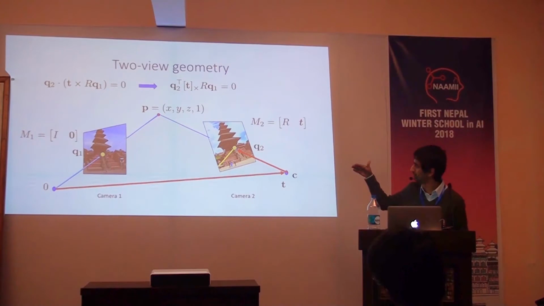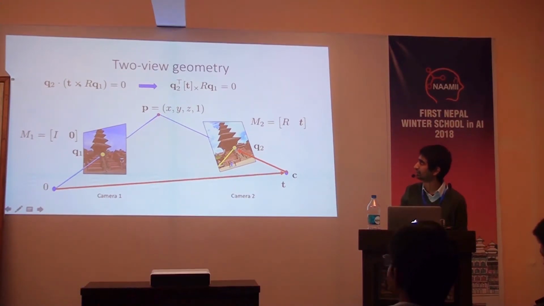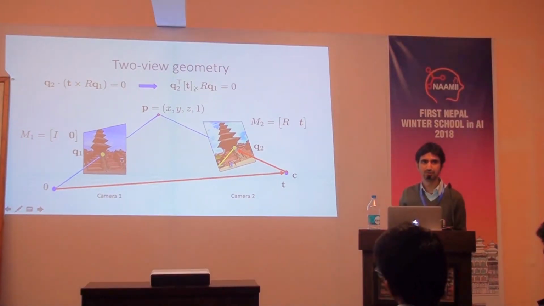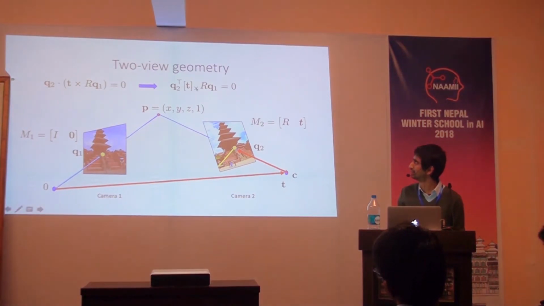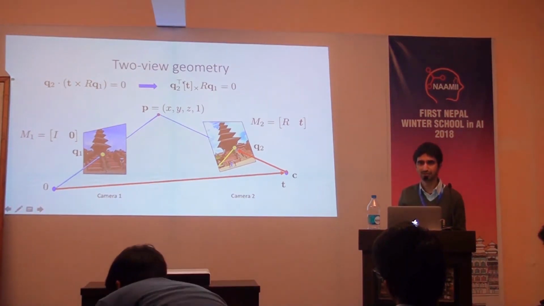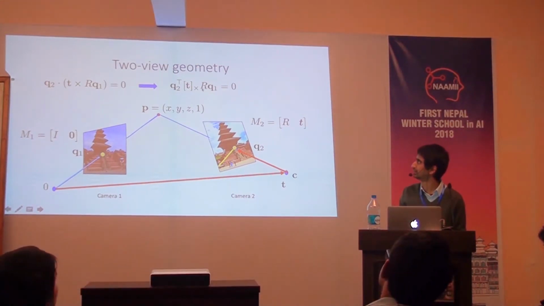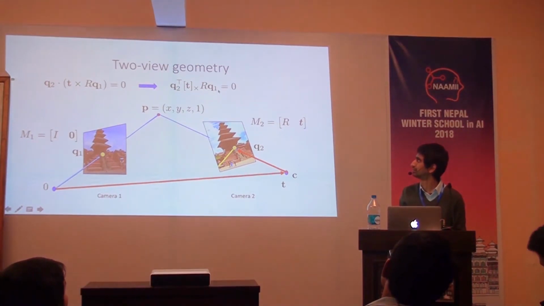Once you have that, we can write T cross this vector by using the matrix notation of the cross product. Do you remember this? We were talking about this when we were discussing the cross product: it is a skew symmetric matrix. This Tx is a skew symmetric matrix. And the rest remains the same, R Q1 equal to 0.